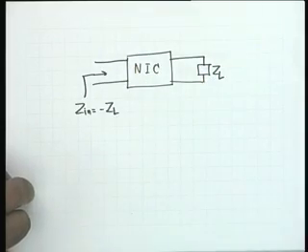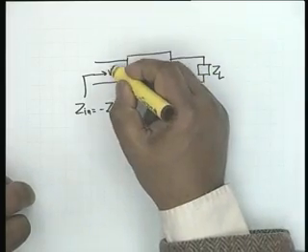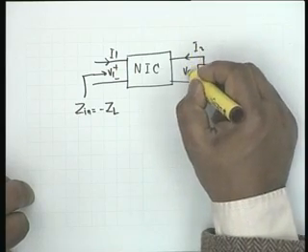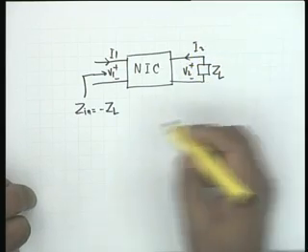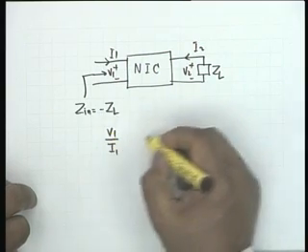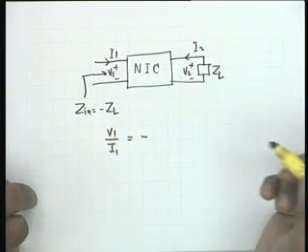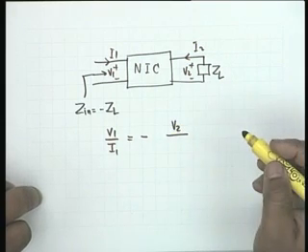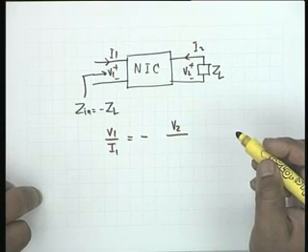Now, if I indicate the voltages and currents, this is V1 I1 and V2 I2. You notice that Z in is V1 by I1, and minus ZL is V2 by I2?